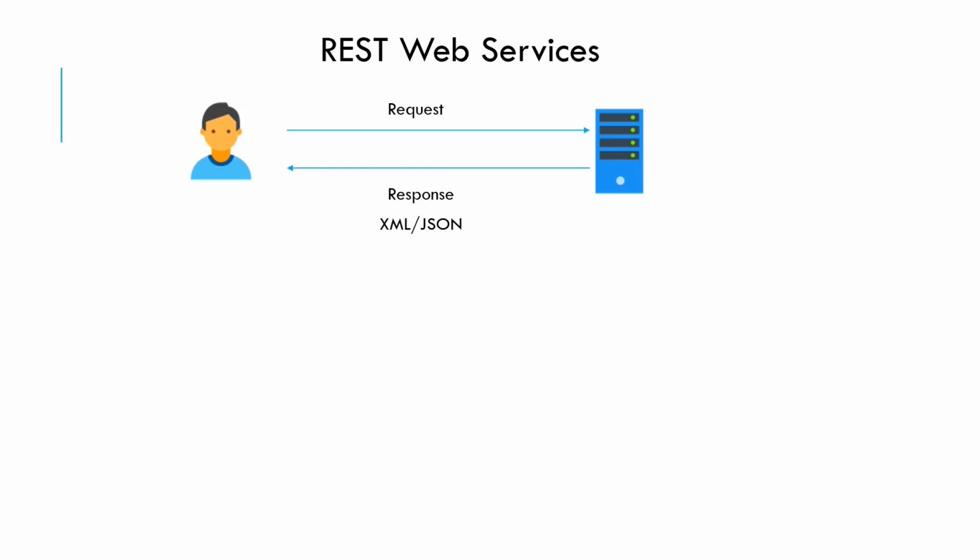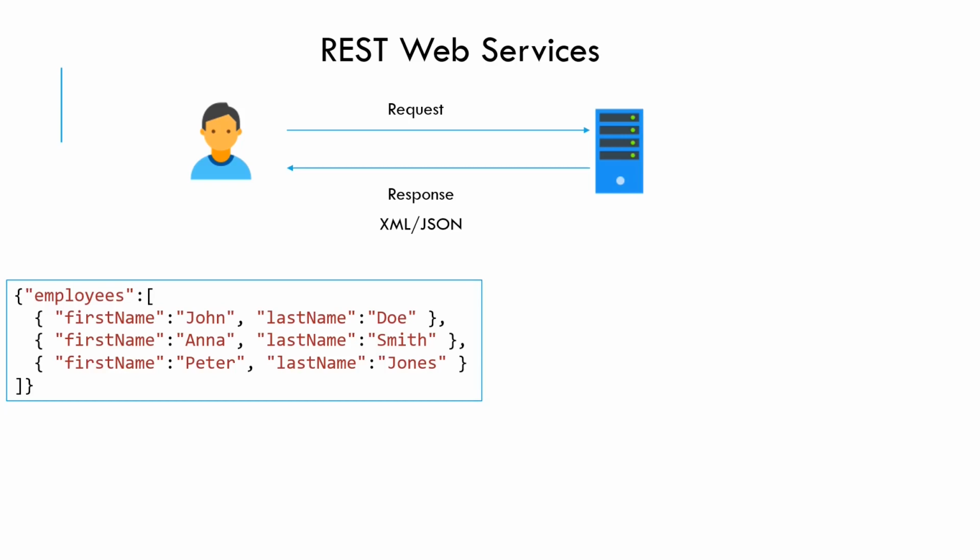So let us understand how JSON and XML look in a nutshell. Suppose you have employees data in which you have the first name and last name of three employees. This one is an example of JSON format. Here you can see that it is basically an array where we have represented the employee data like first name and last name.